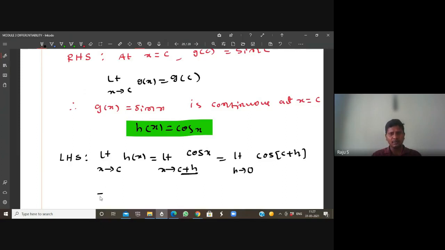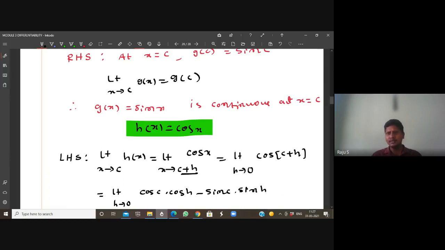Now the cos a plus b formula. Limit as h tends to 0. Cos a plus b formula: cos a cos b minus sin a sin b.